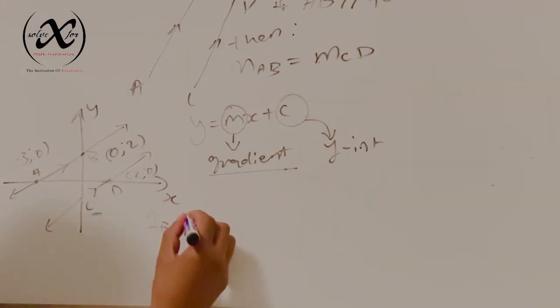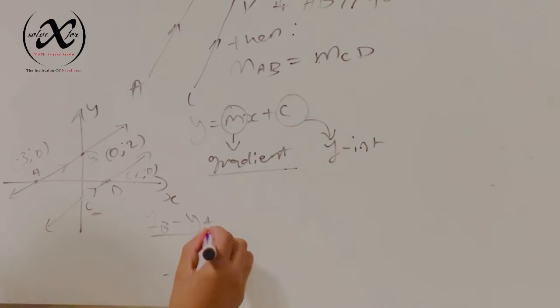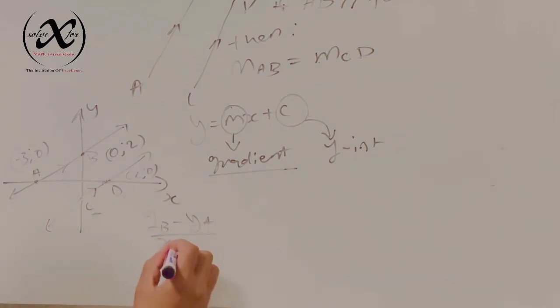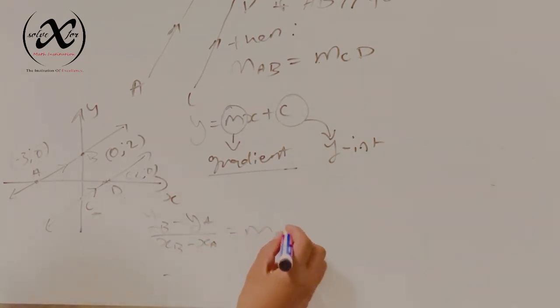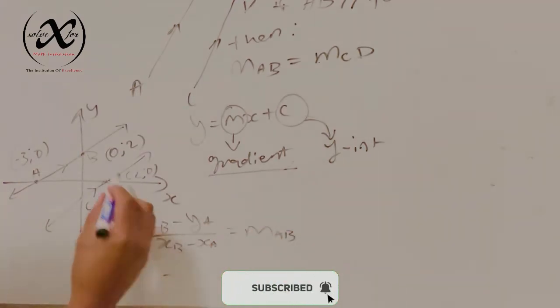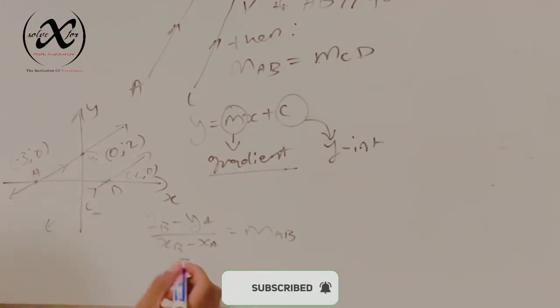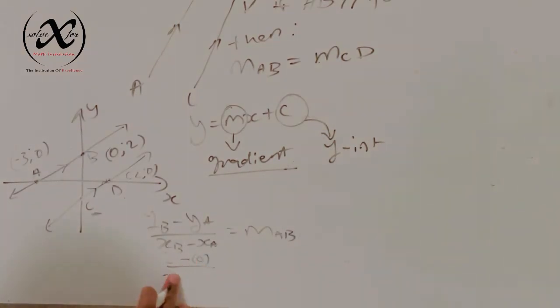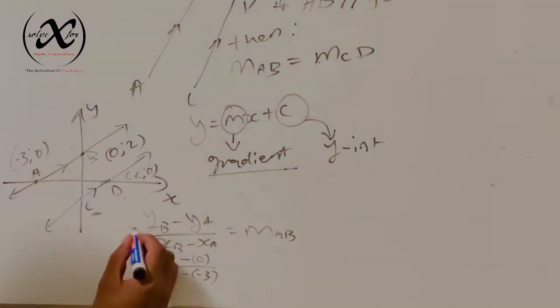So this is how you are going to calculate that. Y at B minus Y at A over X at B minus X at A. So it's your gradient, of AB. Then you substitute. Y at B is 2 minus Y at A is 0, over X at B is 0 minus X at A, which is -3.